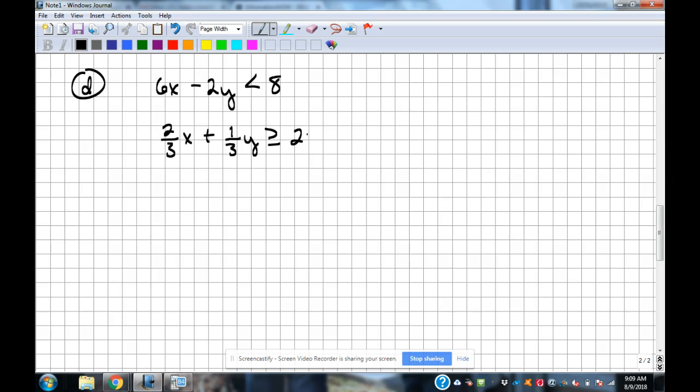If we're going to solve that system, and we're going to graph it, if you're asked to solve a system of inequalities, graphing is the solution. That big graph is the answer.